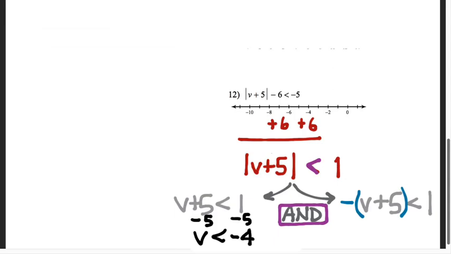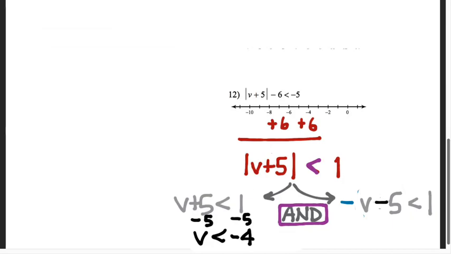And if I solve this one, well, this one has a little bit more work to do. So let's do that work. I would want to distribute the minus sign across these parentheses. That's going to give me minus v minus 5. There we go. So minus v minus 5 is less than 1.